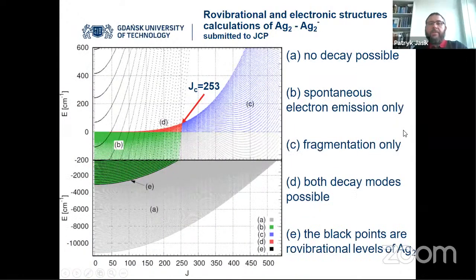And finally, we were able to map the rovibrational levels of both systems, and you can see some special regions on this figure. For example, this gray part corresponds to the part in which no decay is possible.